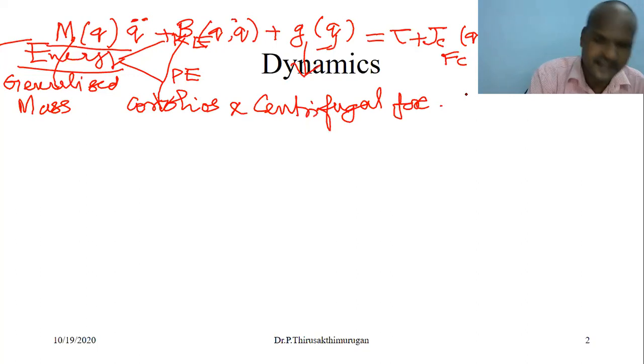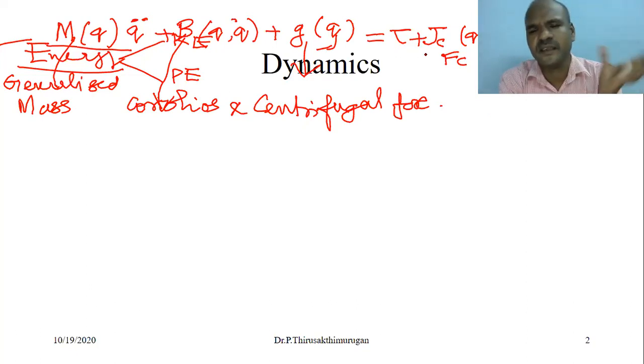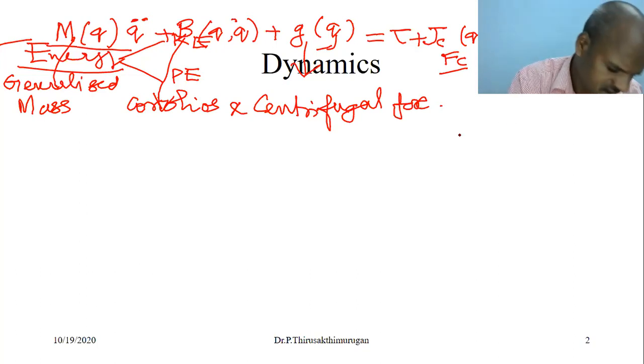Tau is the external force acting on the frame. Jc is the Jacobian for the external forces, some other external forces acting over the torque coordinates.